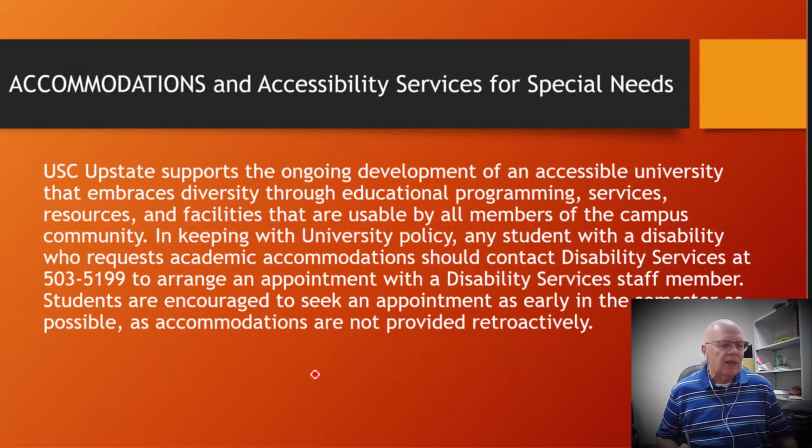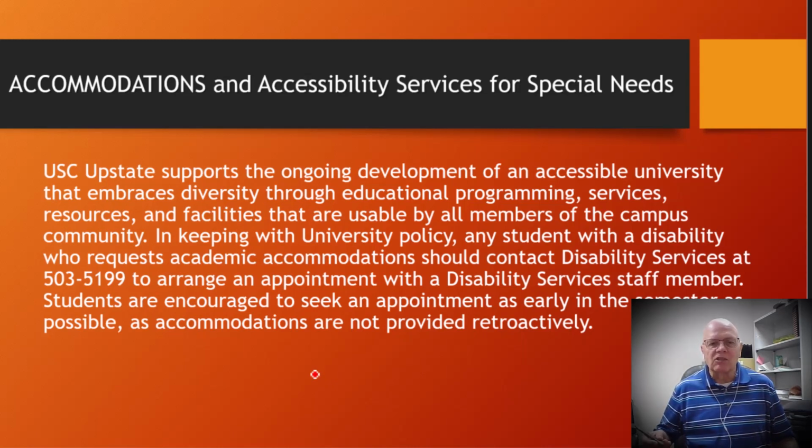You can read through this by just hitting the pause button. Any accommodations and accessibility for special needs, check with Disability Services. In fact, before you do that, or if you haven't done it yet, check with me. If there's some way I can help you so that you can succeed more easily, let me know.